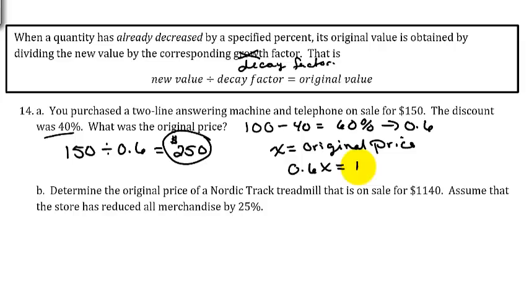That would give you the discounted price of $150. Then to solve this equation, you would divide both sides by 0.6, and that would give you x. That's exactly how we calculated it in the first place. So you can do either method. Do whichever one is most comfortable for you.